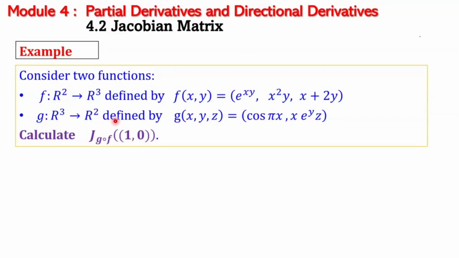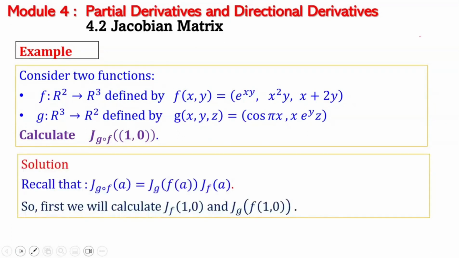And g is from R3 to R2, defined by cosine of πx and x e to the power y. Then we have to calculate the Jacobian of the composition of these two functions at the point (1, 0).